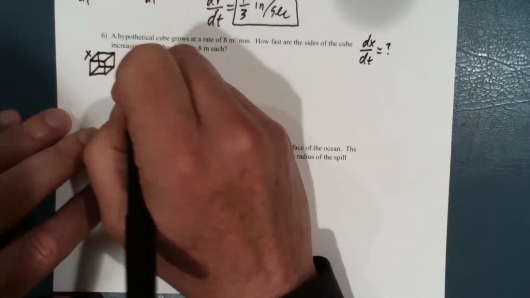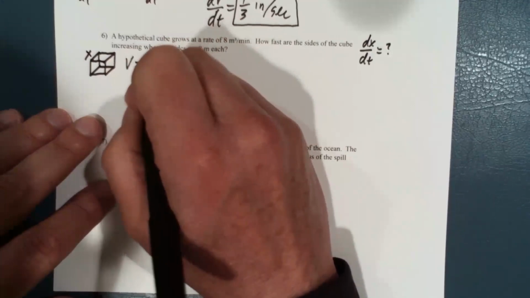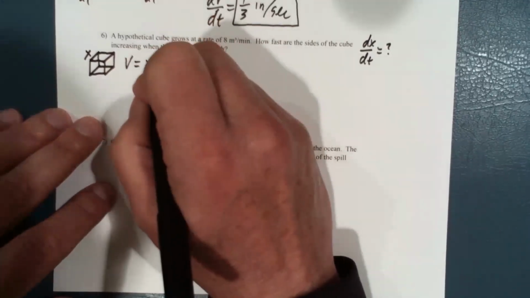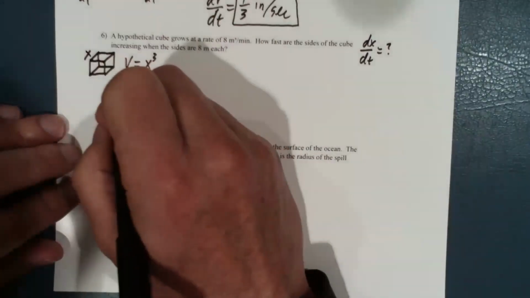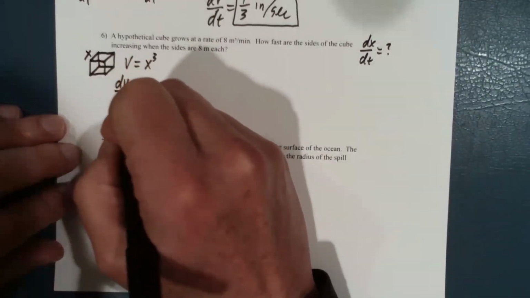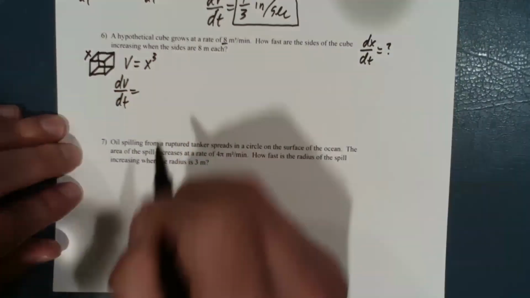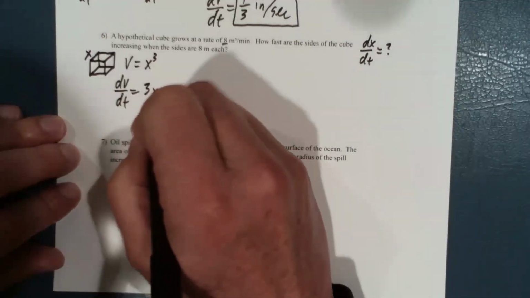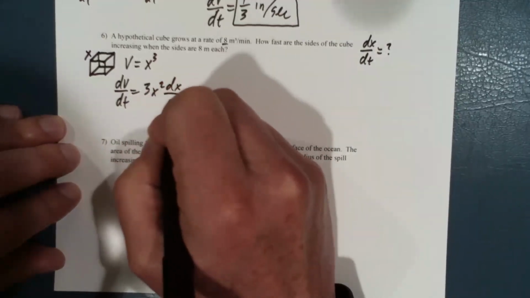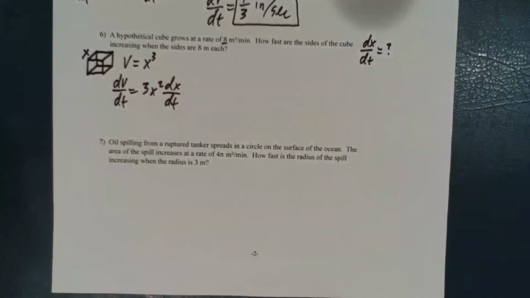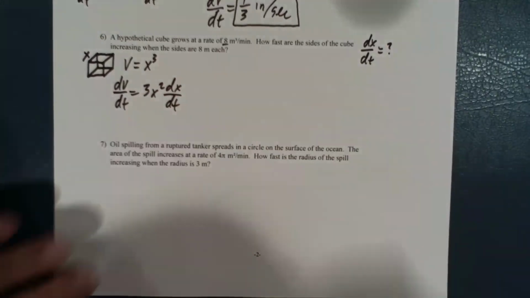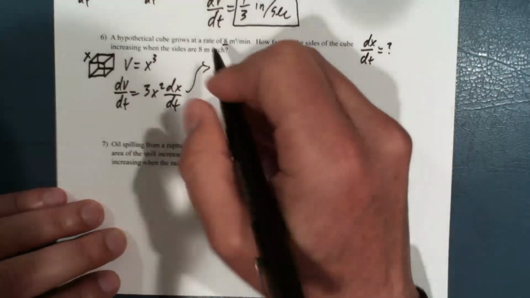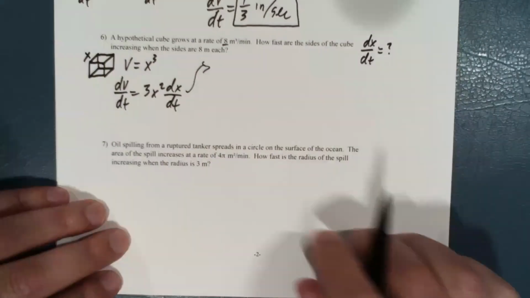How fast are the sides of the cube increasing? Well, the volume of a cube is length times width times depth, which is going to be x cubed. dV/dt, which we have right there, is equal to 3x squared dx/dt. And they want to know when x equals 8. There's two 8s in this problem, so it can get a little confusing.